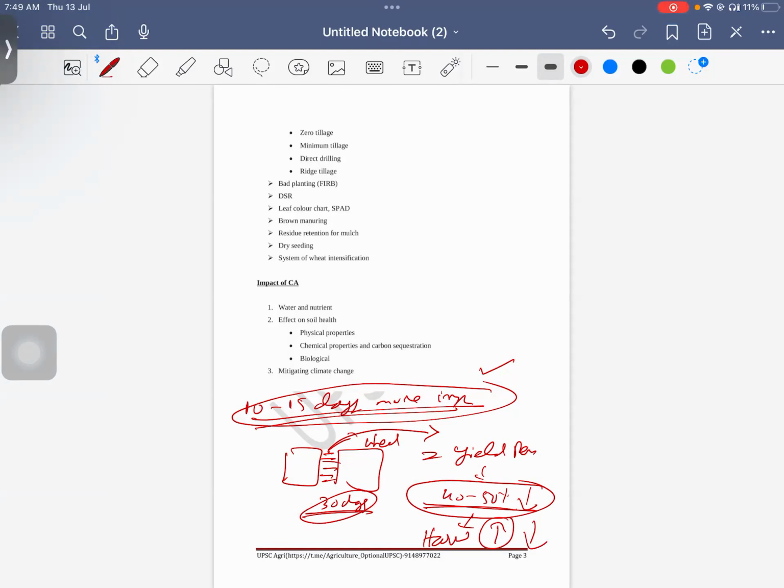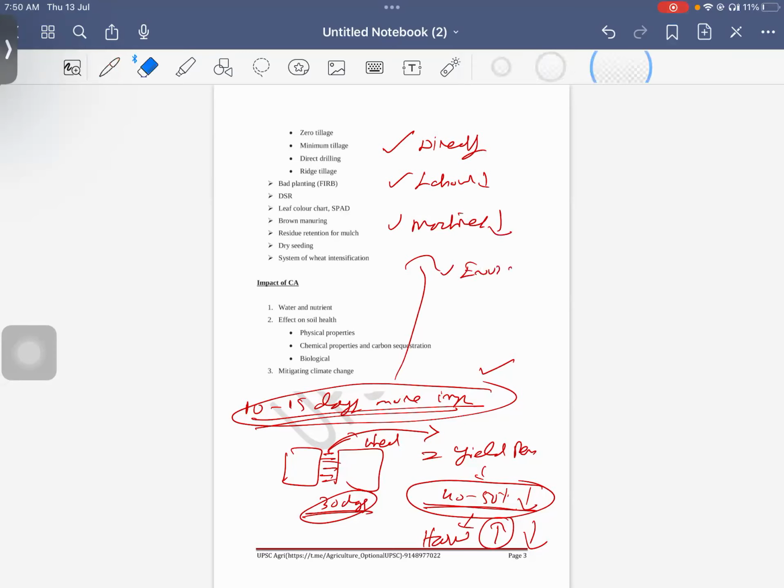Okay, so that's why one of the main advantages of conservation agriculture is that directly we can go for wheat sowing, labor intensity is low, and it is environmentally very sustainable.